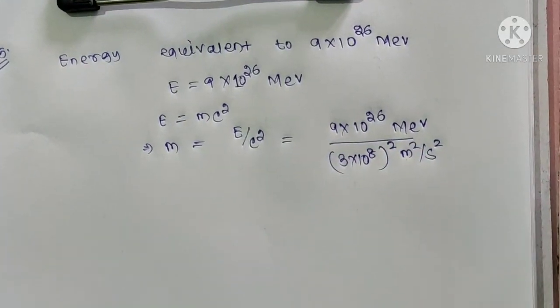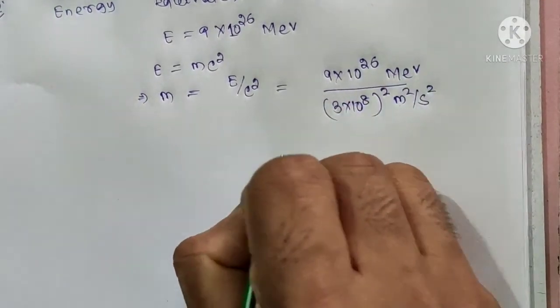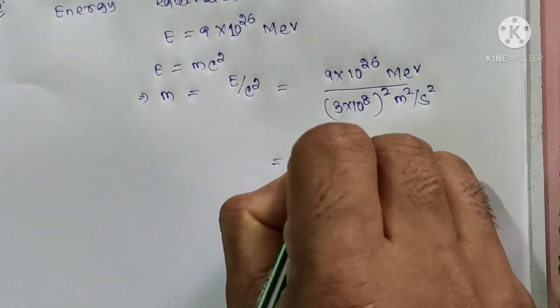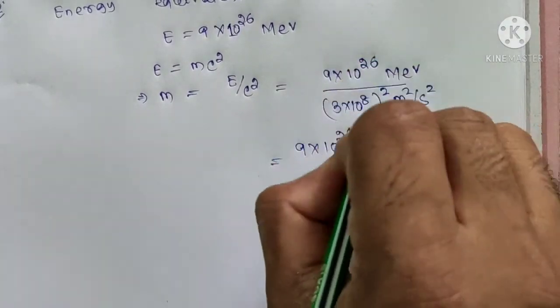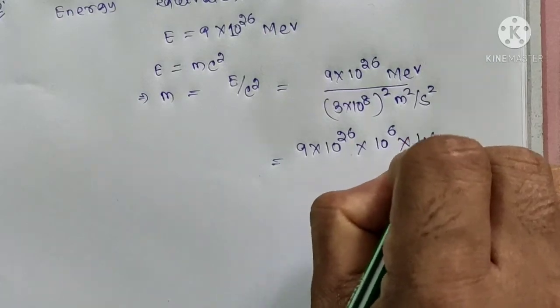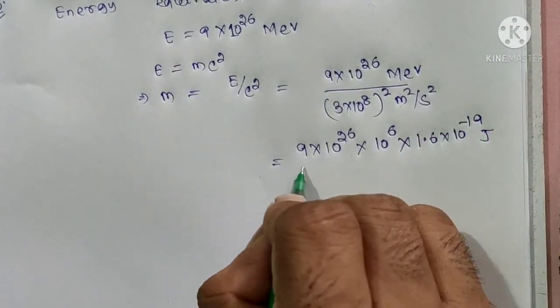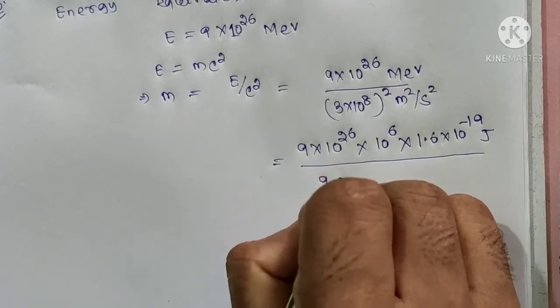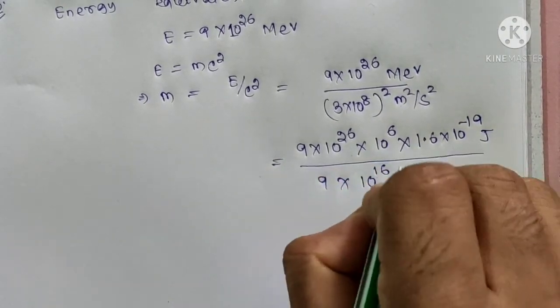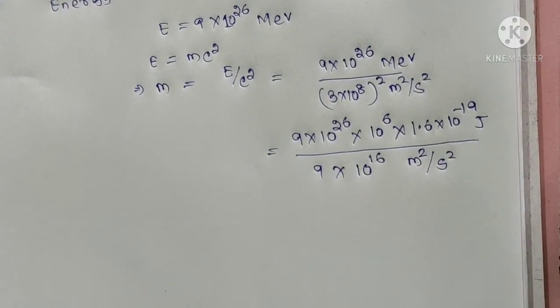तो देखो, मास को केजी की यूनिट पे कन्वर्ट करना है, तो इलेक्ट्रॉन वोल्ट को जूल पे कन्वर्ट कर दो. 9 into 10 to the power 26 for mega, it is 10 to the power 6, and 1 electron volt equal to 1.6 into 10 to the power minus 19 joule, divided by 9 into 10 to the power 16 meter square by second square.